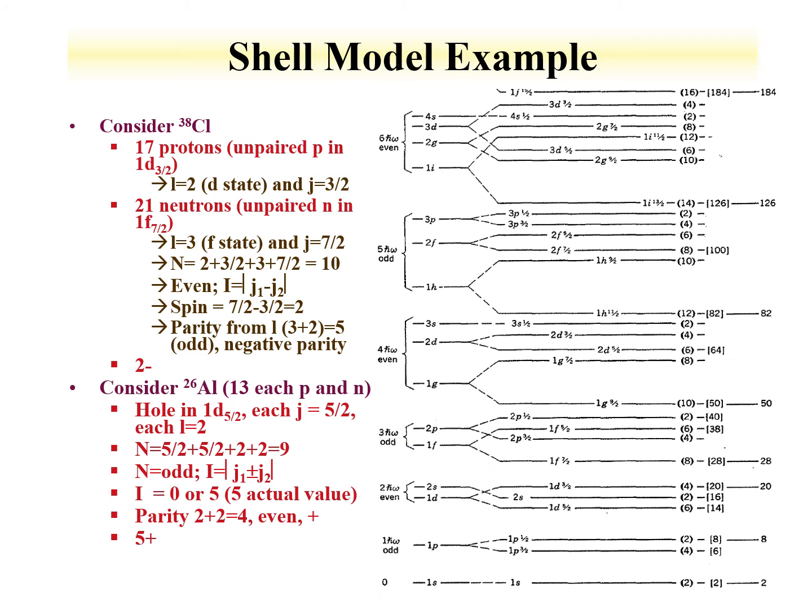We would expect the spin to be either 5 or 0. The parity, each orbital state is 2. 2 plus 2 is 4, is even. So the spin's either going to be 0 plus or 5 plus, and the actual value is 5 plus. So here's an example with the odd Nordheim number where you get a choice of answers to evaluate.